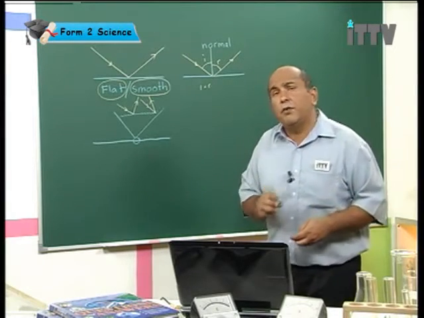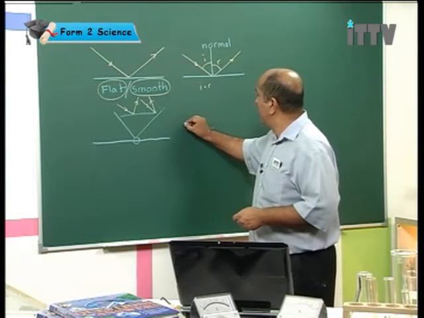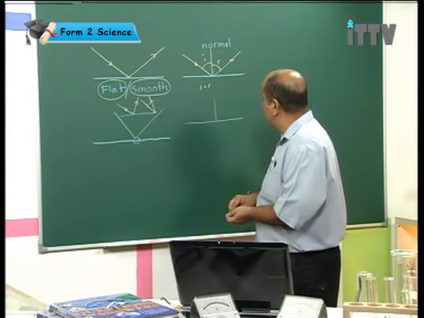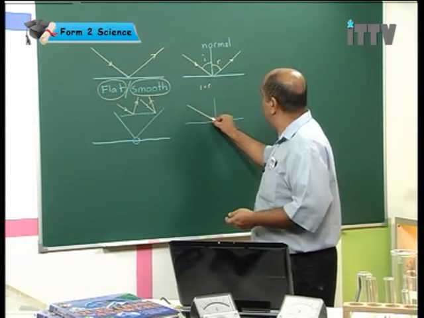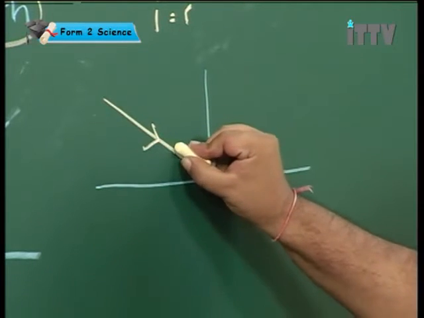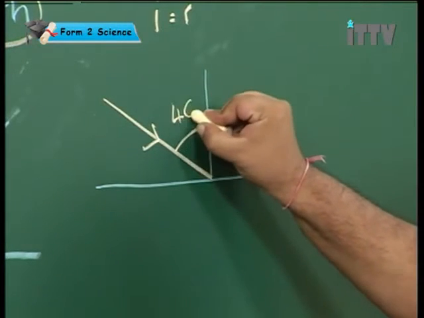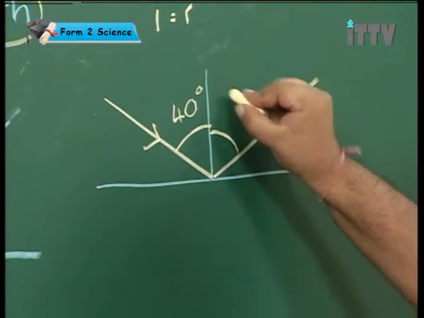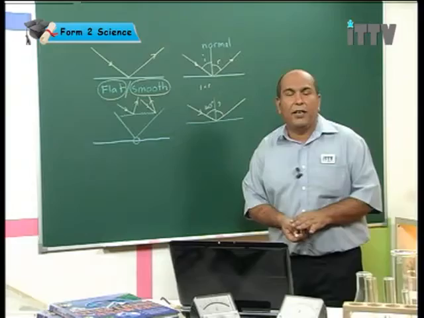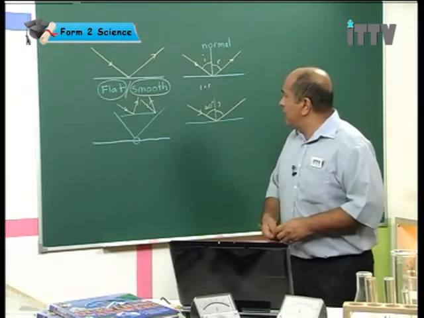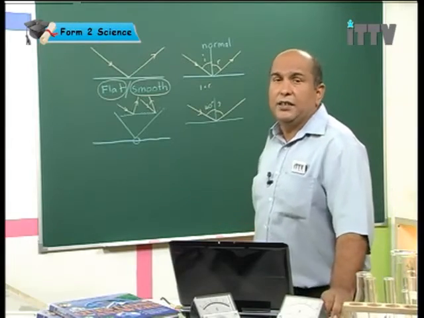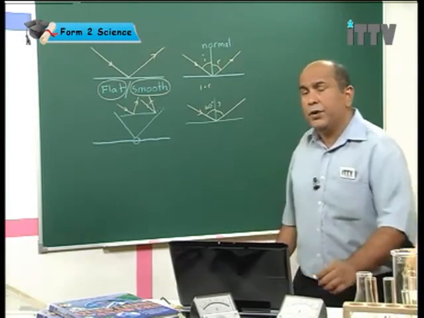Let's try a very quick question. Sorry, I was just quickly drawing that for you. If you have a look at this diagram that I've done, you can see that the angle of incidence is 40 degrees. Okay?